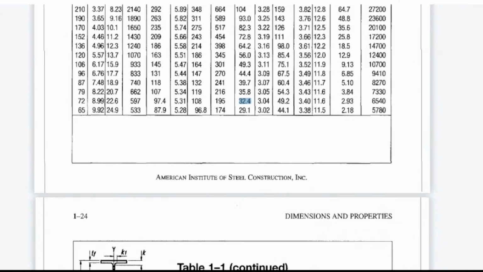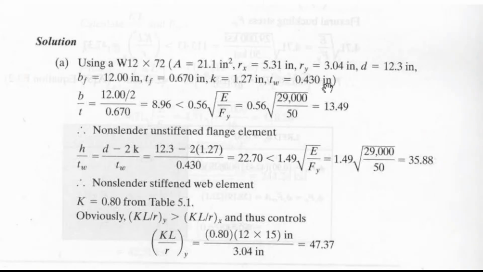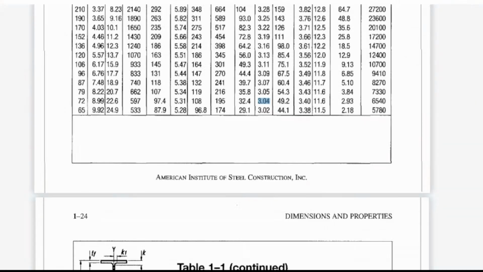It's a wrong value that we are looking at. This must be the value 3.04. Okay, so we were looking at the wrong value. 3.04. And what about for rx? 5.31. So here, 5.31. Those are the correct values, 5.31 and 3.04.